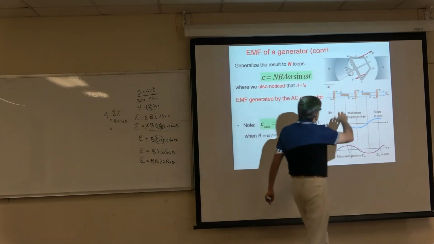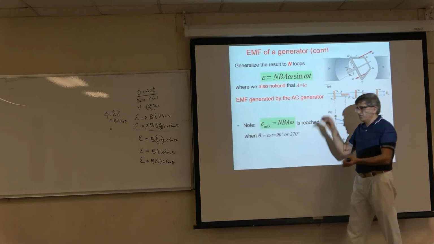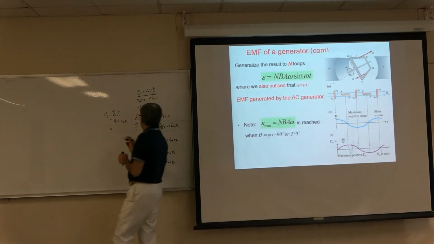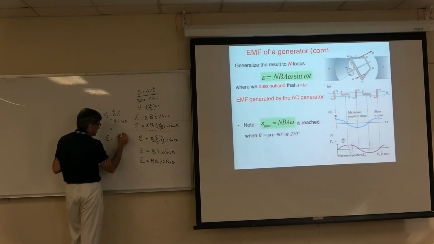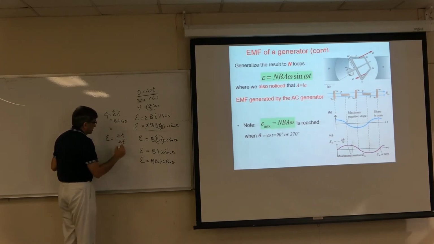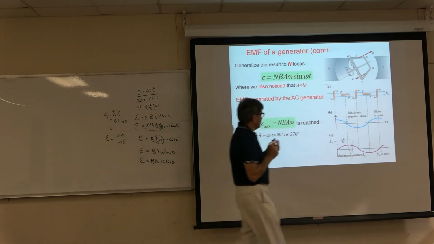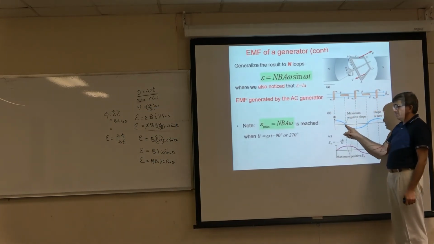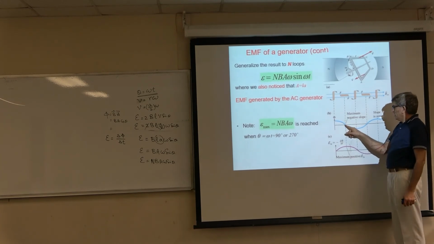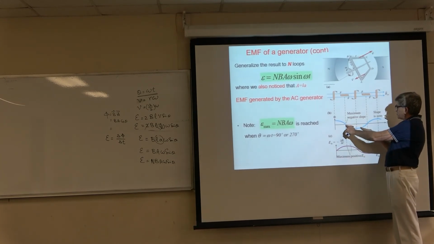So there is no flux over here, then no EMF generated. Remember, EMF generated from Faraday's law is the change in flux with time. So no flux, no EMF generated. So that is what you see, the flux as a function of time. So 0 flux over here. Now it goes towards the negative side.